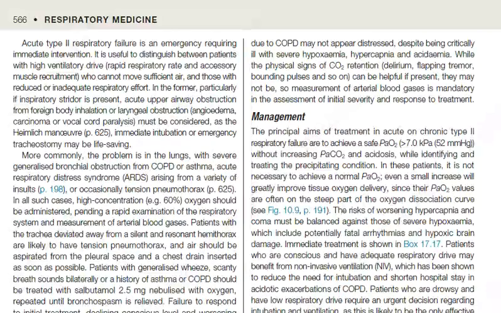Acute type 2 respiratory failure is an emergency requiring immediate intervention. It is useful to distinguish between patients with high ventilatory drive, rapid respiratory rate, and accessory muscle recruitment who cannot move sufficient air and those with reduced or inadequate respiratory effort.